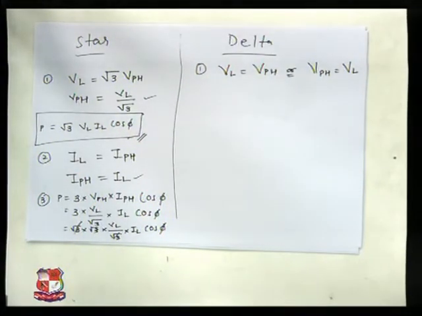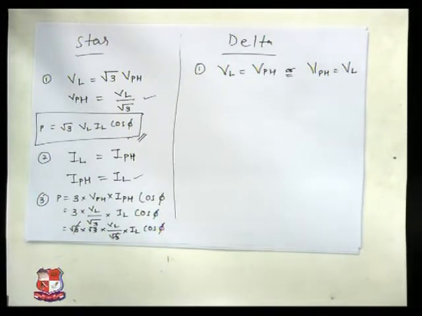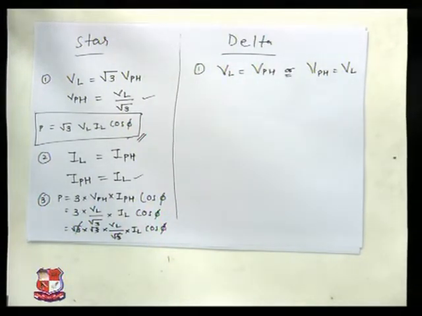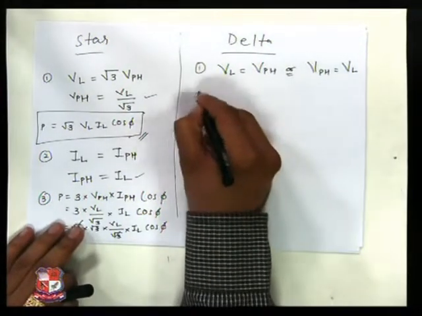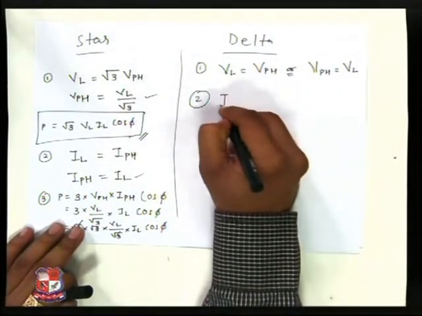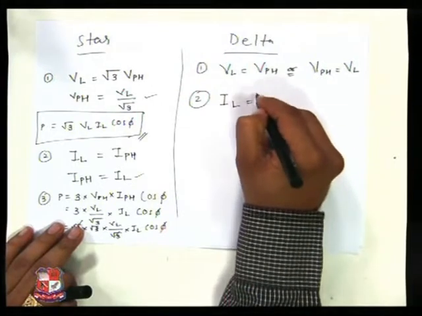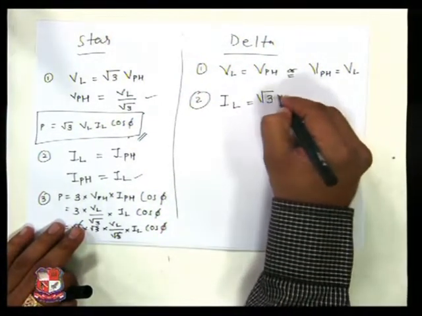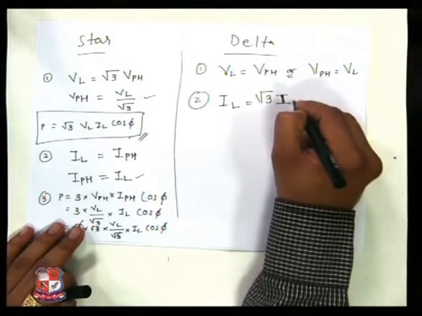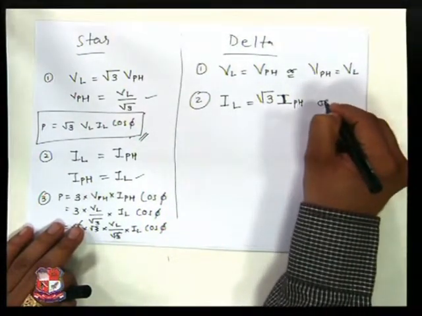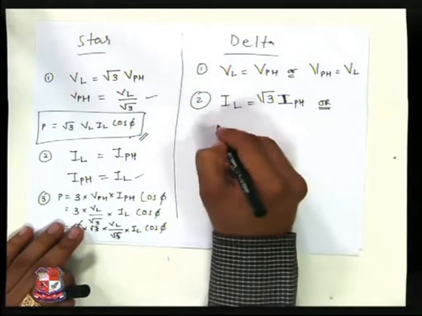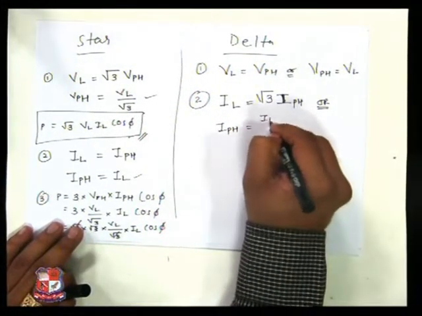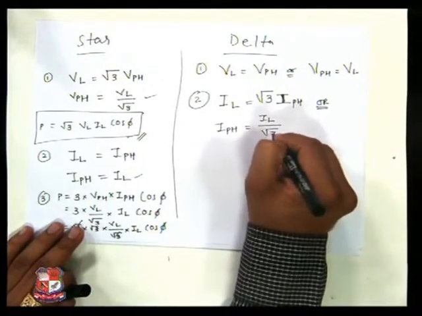So if VL equals VPH, then definitely IL is root 3 times greater than IPH. So the line current in the delta system is root 3 times IPH, or IPH equals IL divided by root 3.